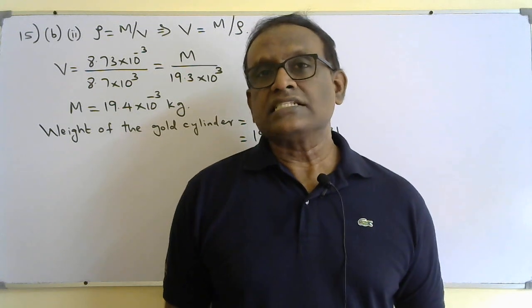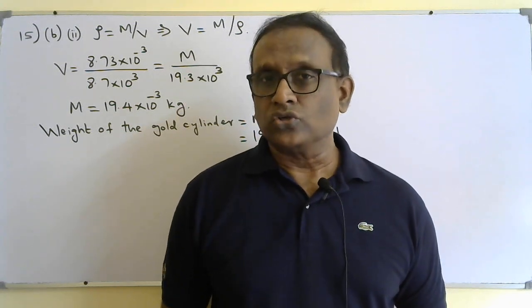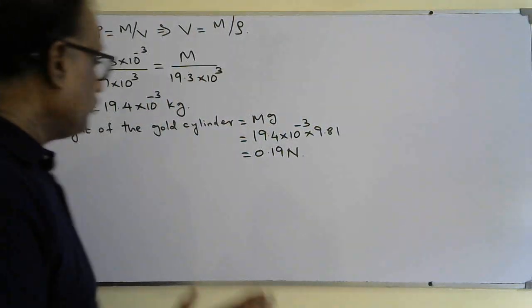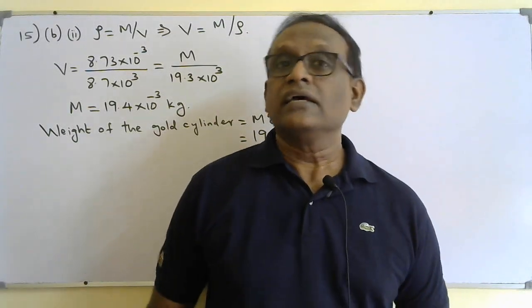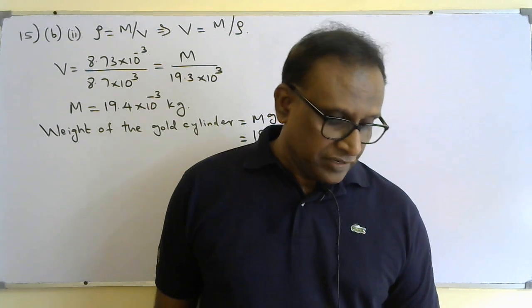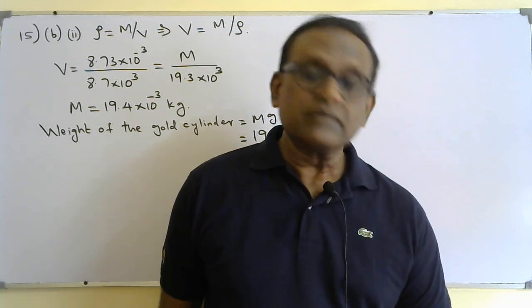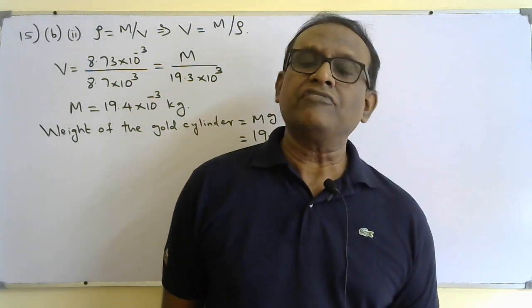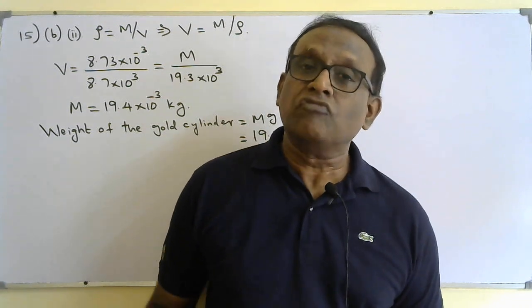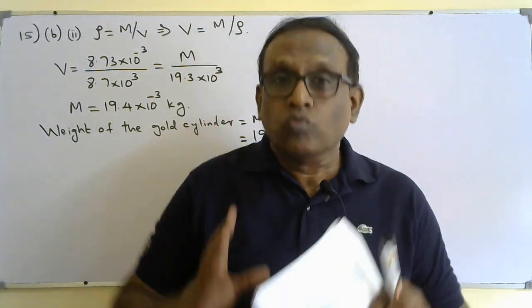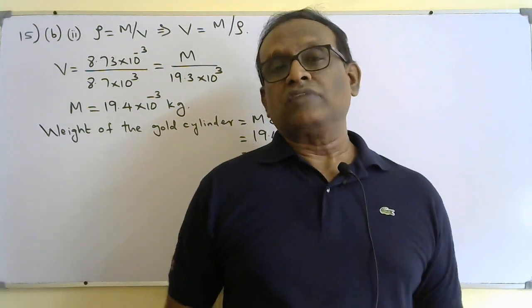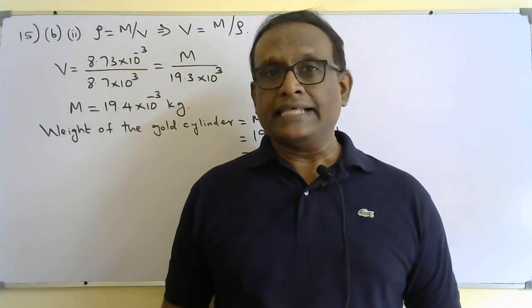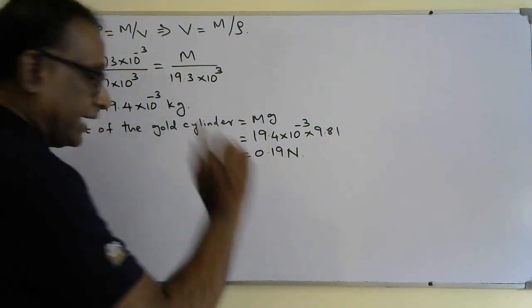Okay, so there we can find out like this. If it is floating, here also the weight of the gold we found must be equal to the upthrust given by the water. So if upthrust is to be equal to weight, now we can find out what must be the volume of water to give that. So what volume of water should be displaced to balance this weight? We'll find it.